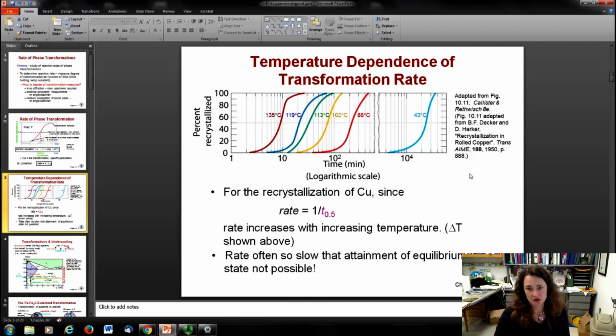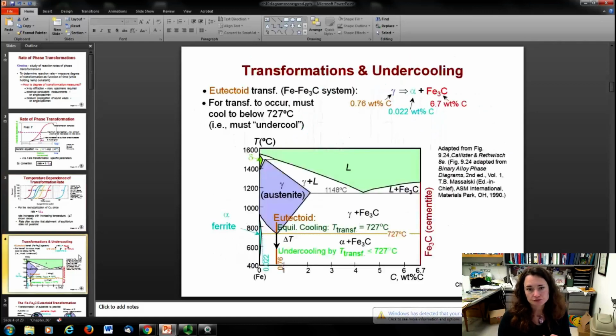And this is, of course, a logarithmic scale. So sometimes those rates are often so slow for just a small amount of supercooling that the attainment of an equilibrium state isn't possible.